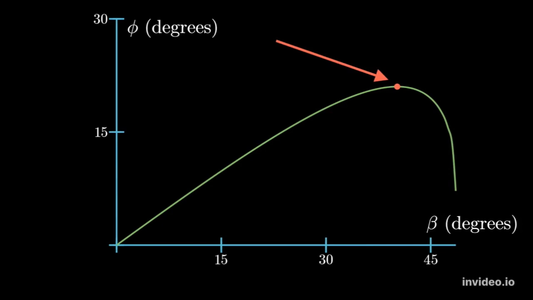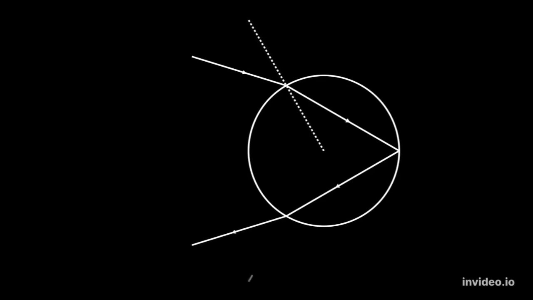Now, if you're like me, you might be thinking, why would it be this particular peak? This graph represents the variable magnitude of the angle between the horizon and the sun. It doesn't have anything to do with the intensity of the light, the size of the raindrop, or any type of physical quantity that one might expect to be tied to scattering of light. But as it turns out, the reason for the rainbow's presence at this particular point is not the angle's maximum per se, but more so that this point happens to be the flattest.